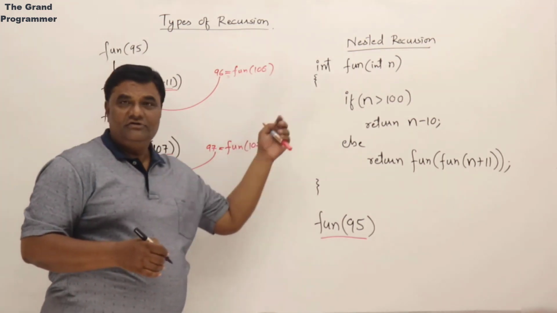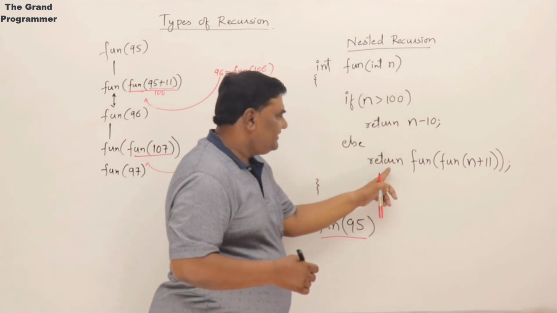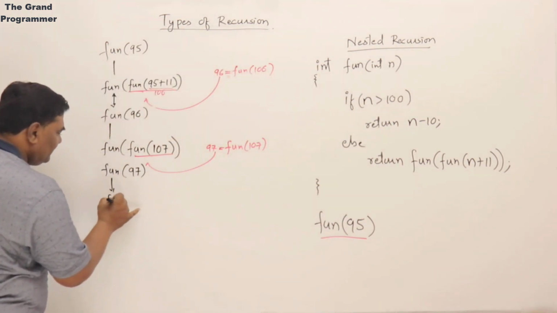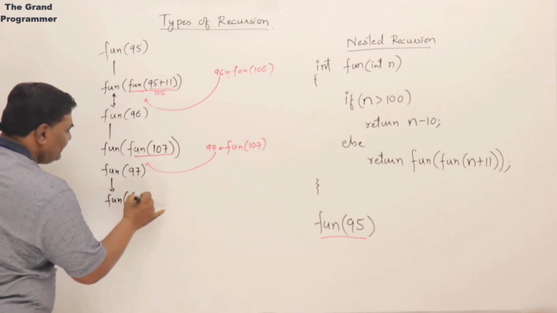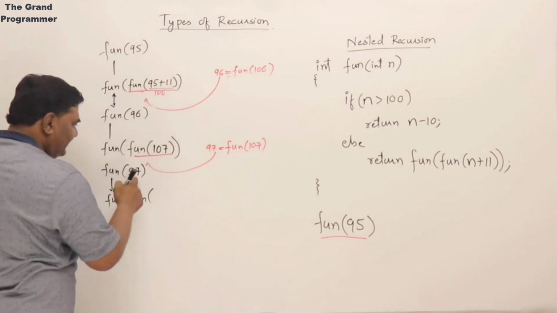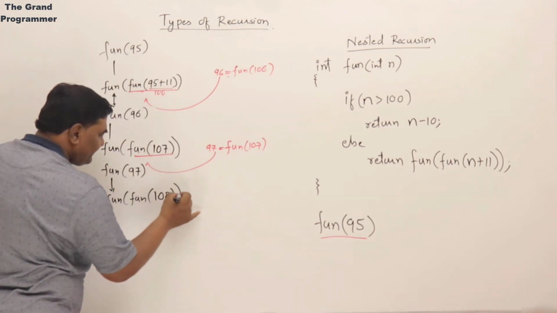Now let us solve this fun of 97. 97 is not greater than 100, so it will enter into the else part and it will make the function calls, that is fun of n plus 11, that is 97 plus 11, so this becomes 108.